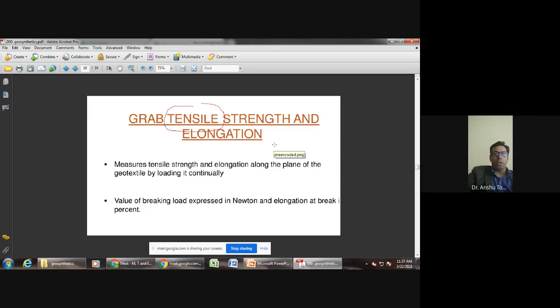Because geotextile in itself does not have any compressive strength.